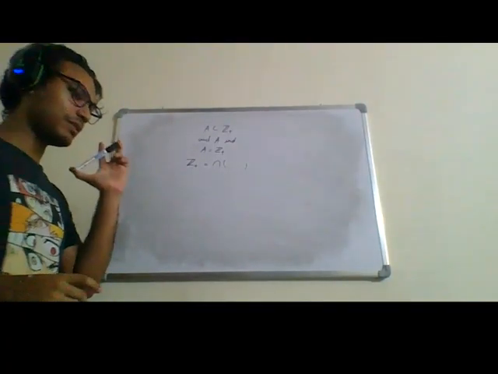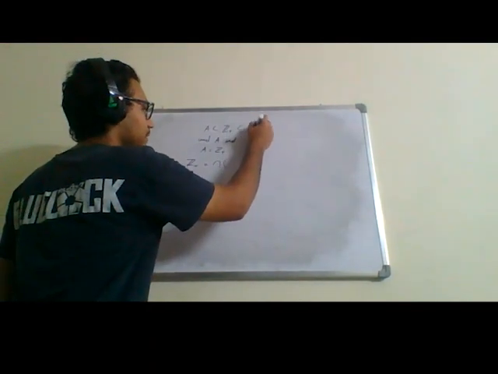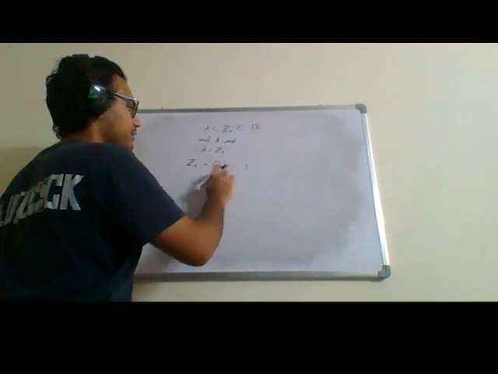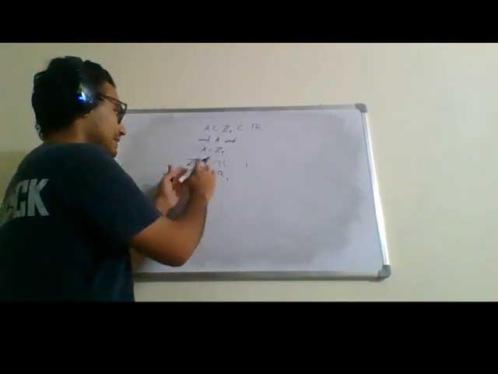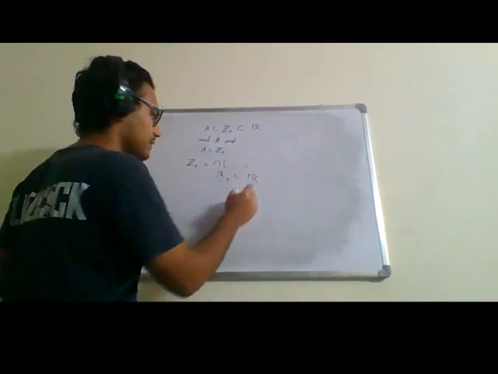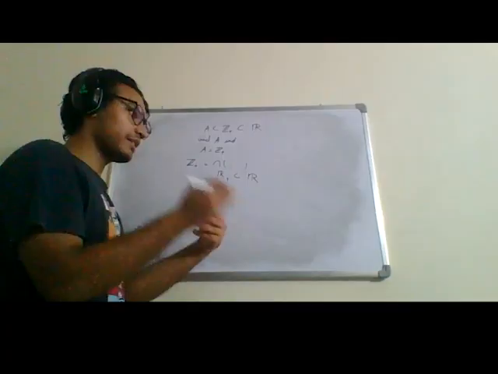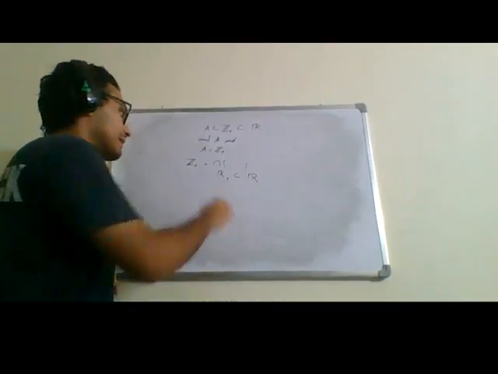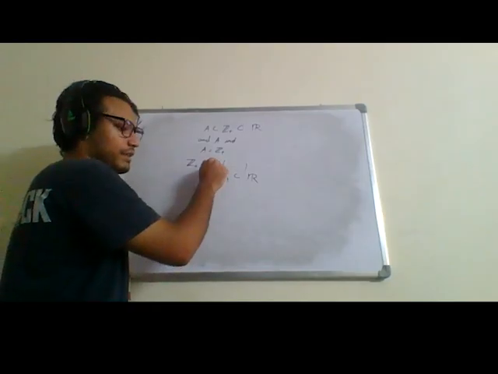Since R plus is an inductive set of real numbers, it is a subset of R, because it contains all real numbers such that something is satisfied. So this part is trivial, and this part is through intersection.